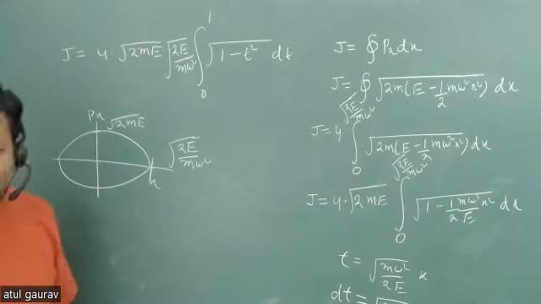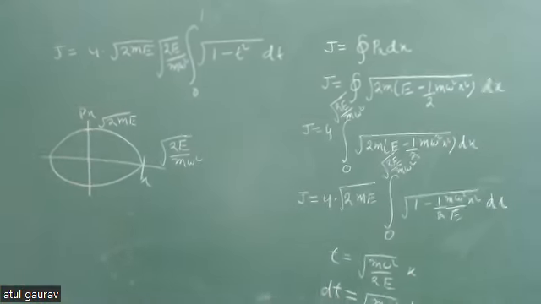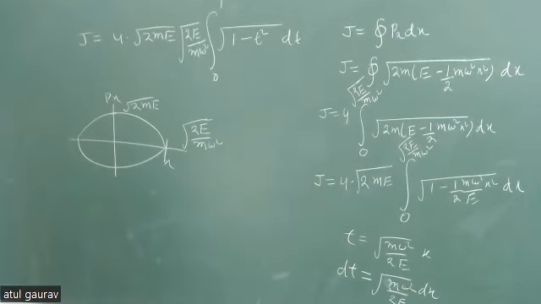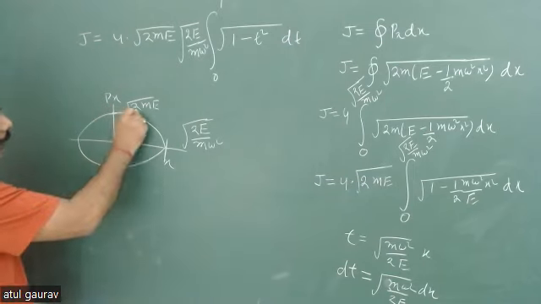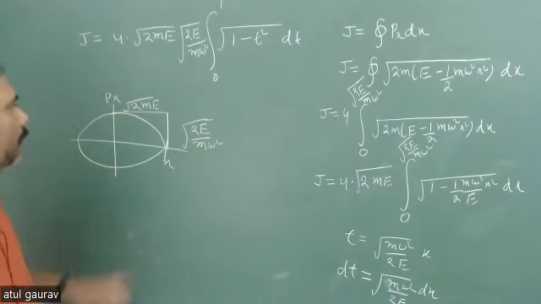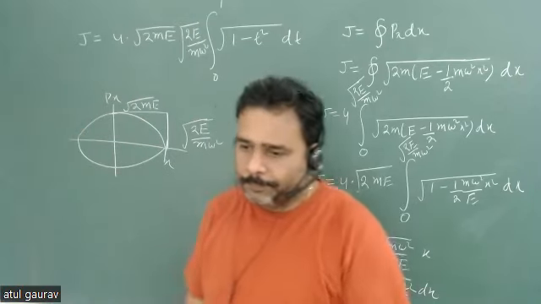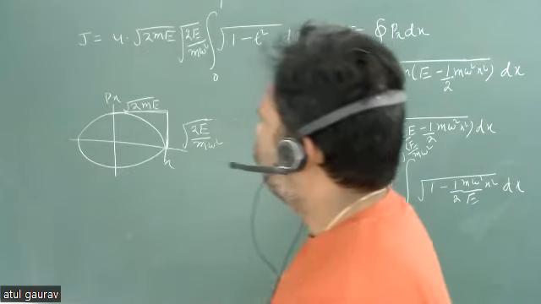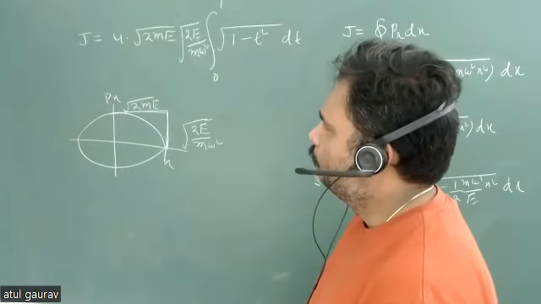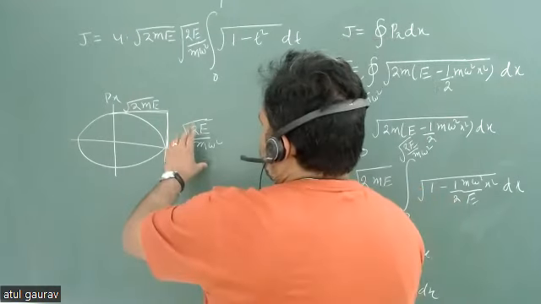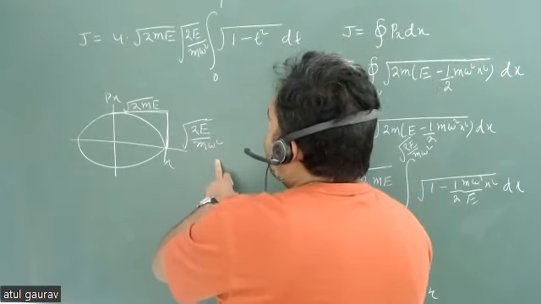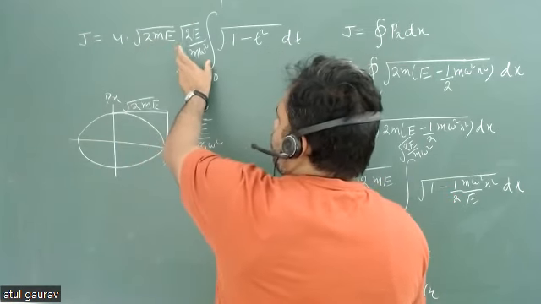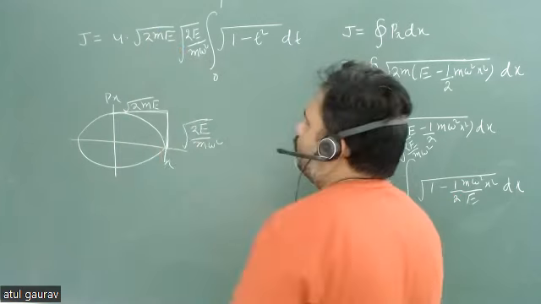And now if you have this type of value, now look at, if this will become a rectangle, then what will be the area under the rectangle? अगर मैं इसे rectangle लूंगा, then what will be the area under the rectangle? Root 2mE into root 2E upon m omega square.